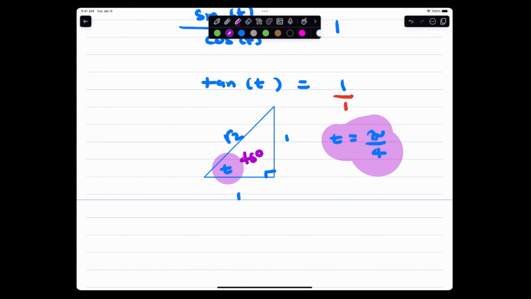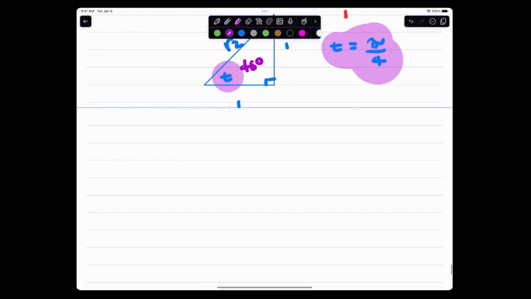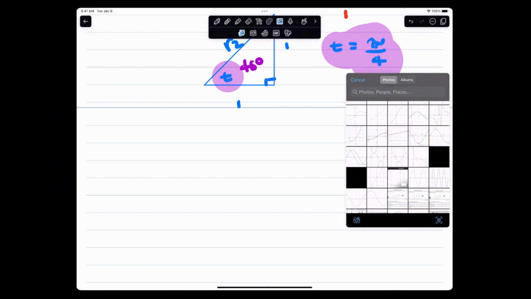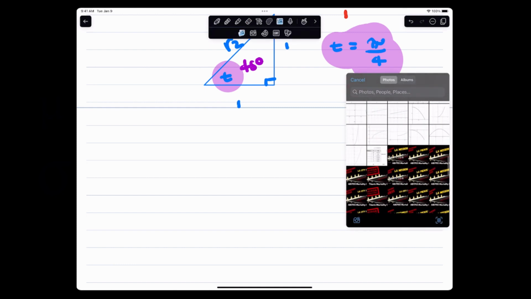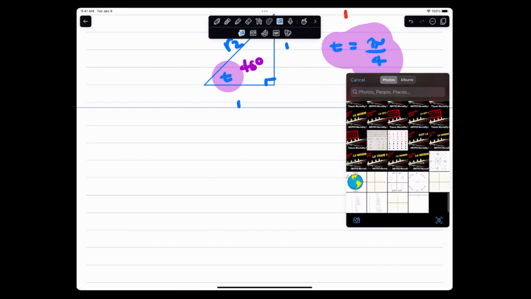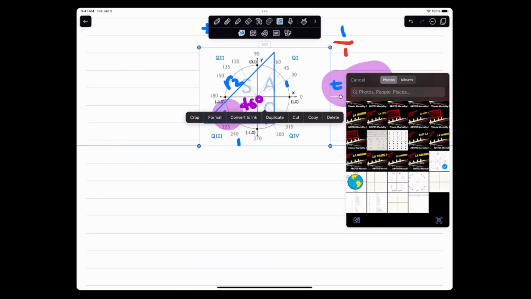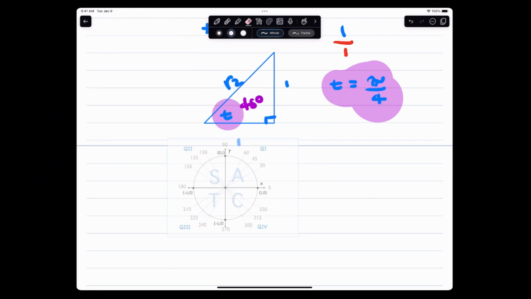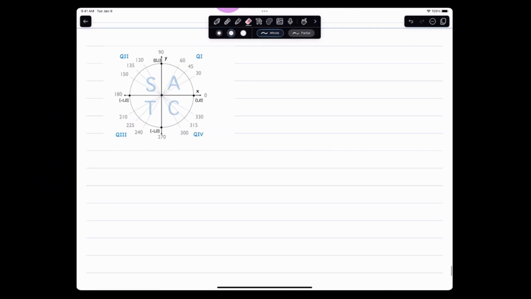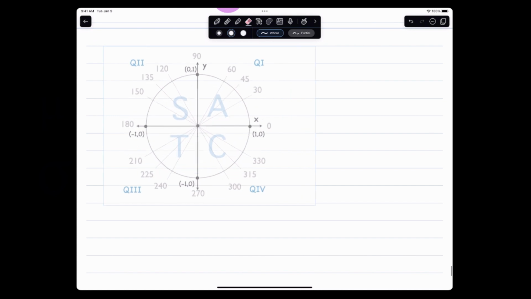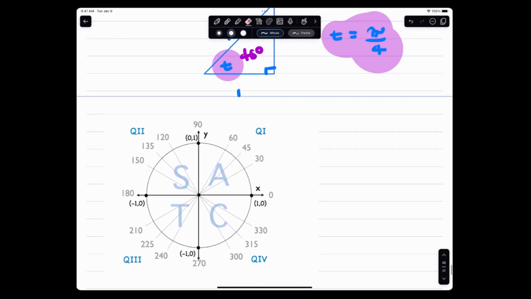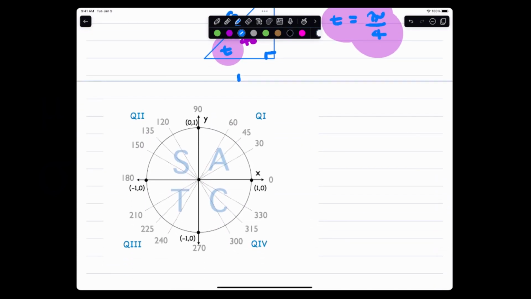Now, since it's 45 degrees, that's your quadrant 1 answer. That's also your reference angle. All students take what? Tangent's positive in what quadrants? 1 and 3.